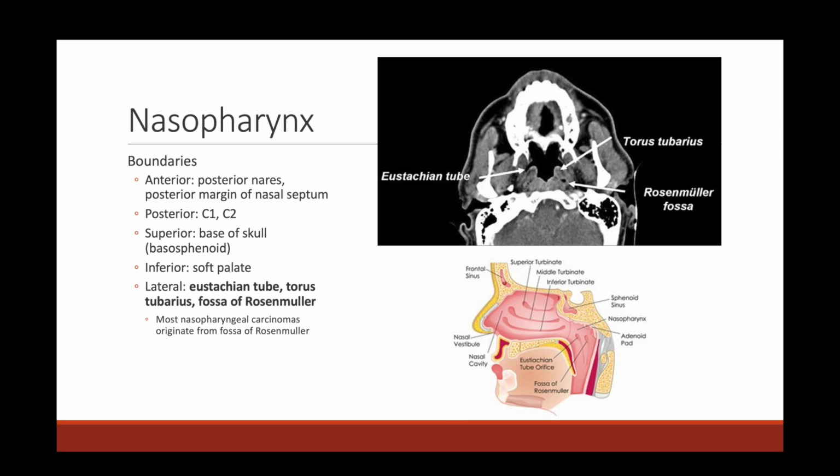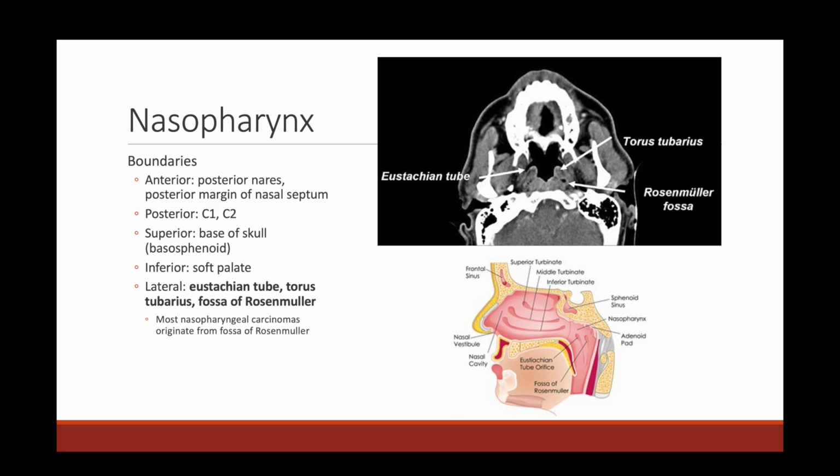And fun fact, the most common site for nasopharyngeal carcinomas to originate is actually from the fossa of Rosenmuller. So the eustachian tube, torus tubarius, and fossa of Rosenmuller, I would say, are some of the most high-yield anatomical structures that are often asked about in things like mock oral boards, test questions, so on.